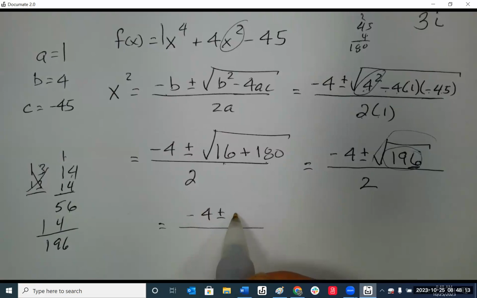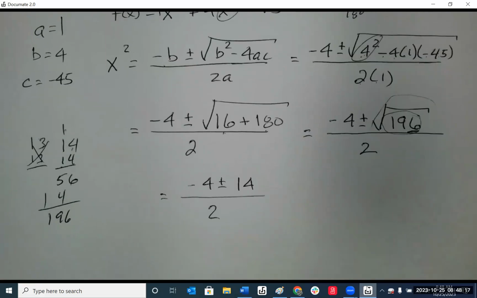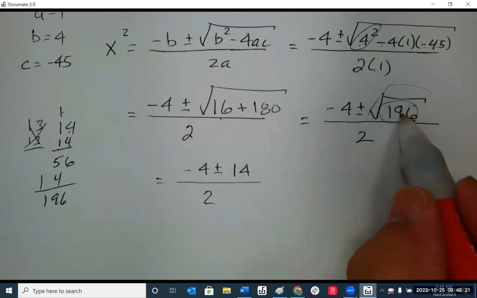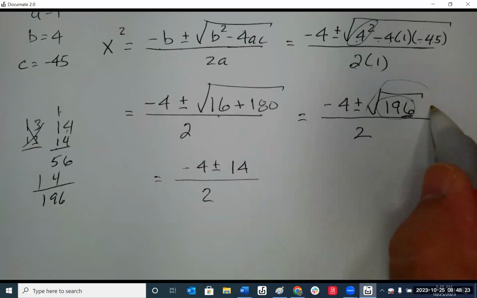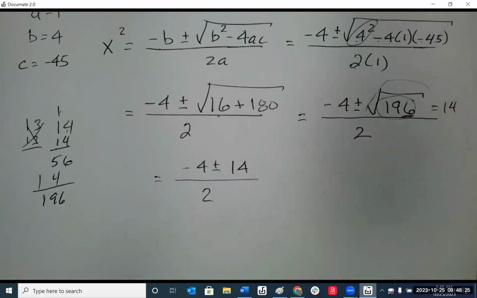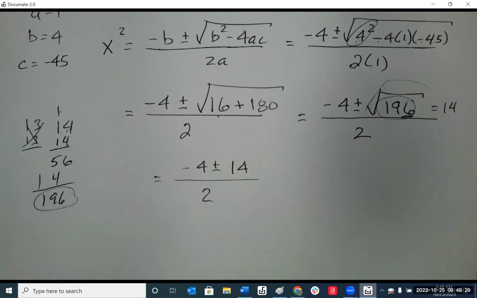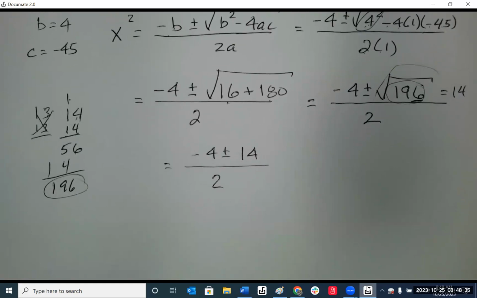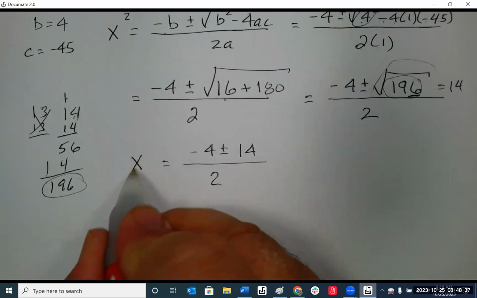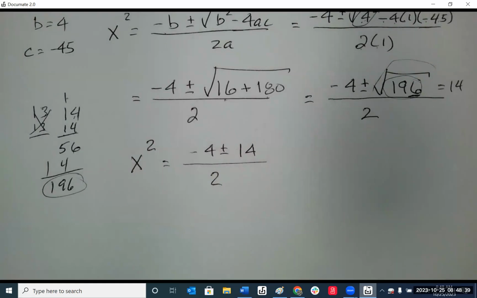So this number is equal to 14. The square root of 196 is 14, because we took 14 times 14 and got 196. Remember, this equals x squared still.